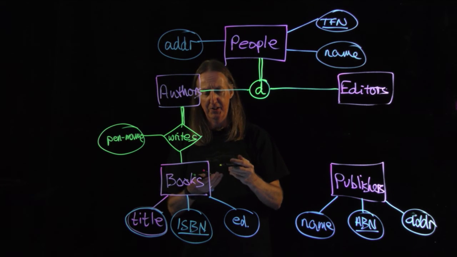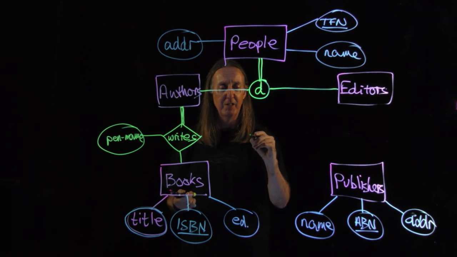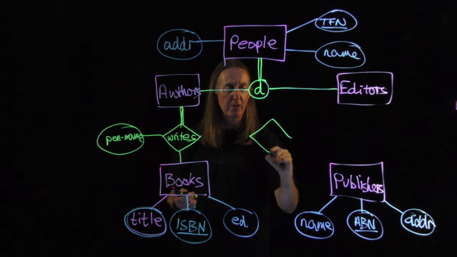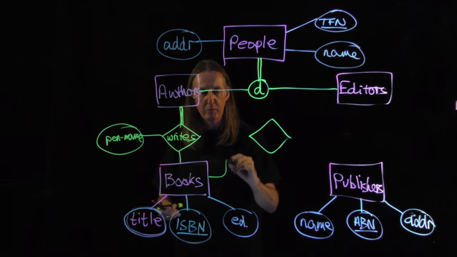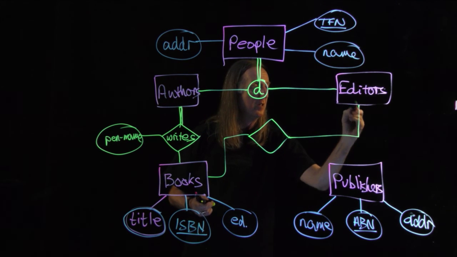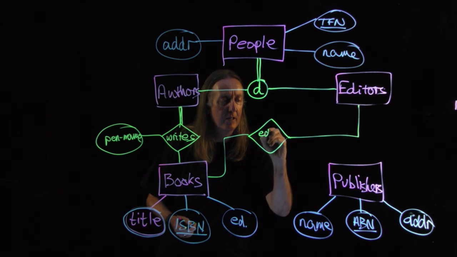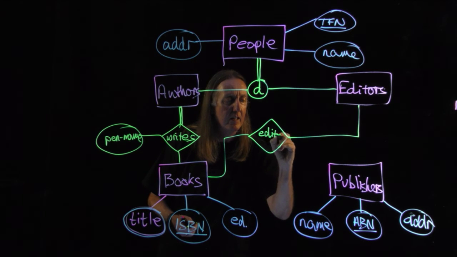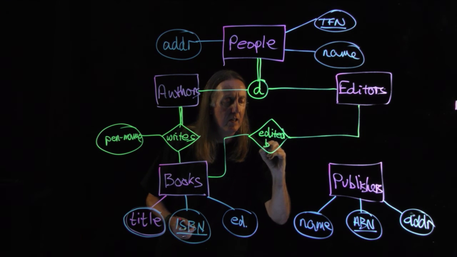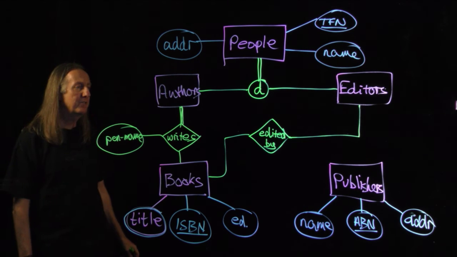We assume that once an editor starts editing a book, they don't vanish, and we have to have another one. So books are edited by particular editors. So the relationship there could be something like edited by.